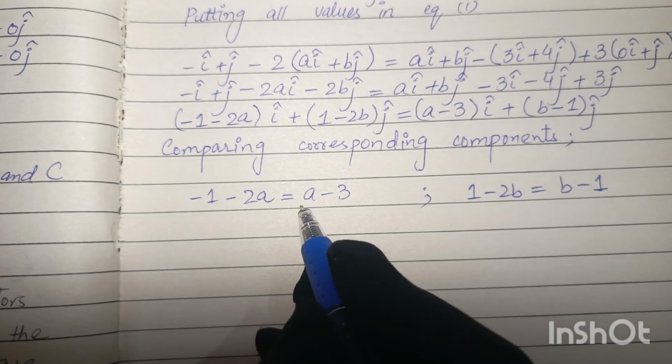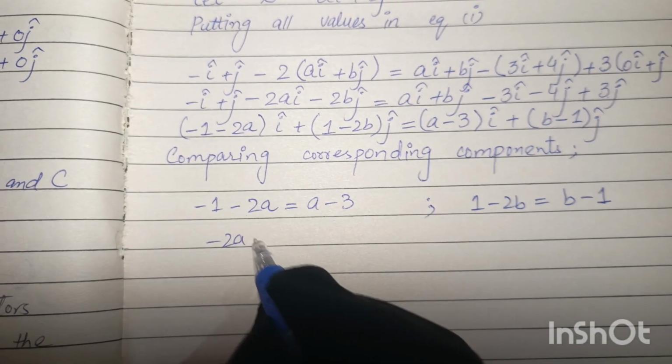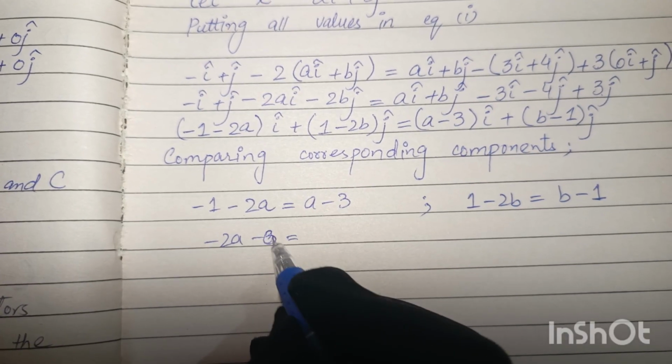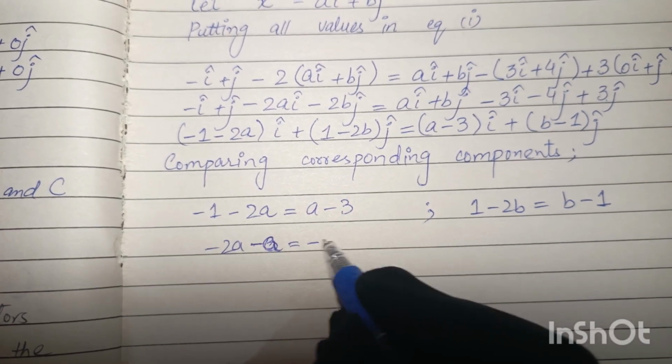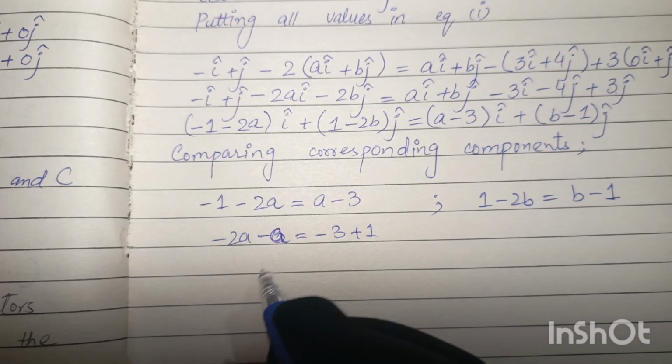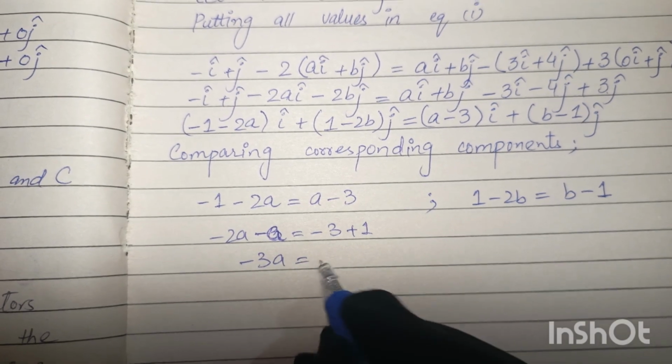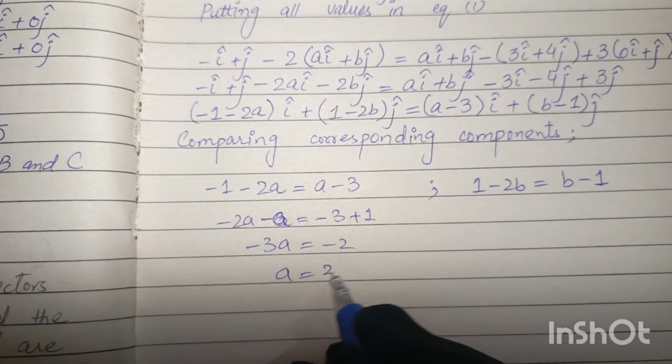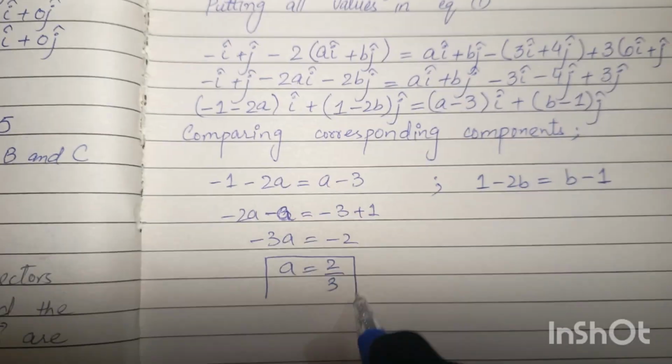So by combining the like terms, minus 2a minus a is equal to minus 3 plus 1, minus 3a is equal to minus 2, and a is equal to 2 by 3.